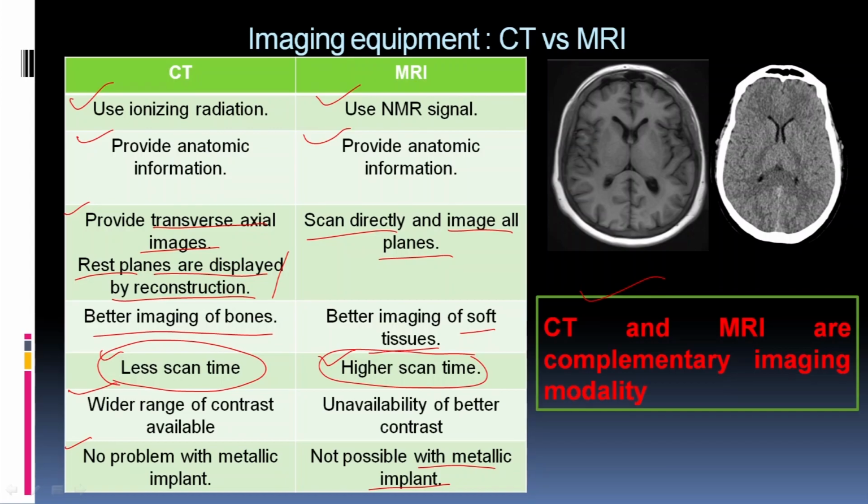Here you can see this is the MRI image and this is the CT image of the brain, and you can see the brain tissues are very prominent in MRI, and bones are very prominent in CT images.